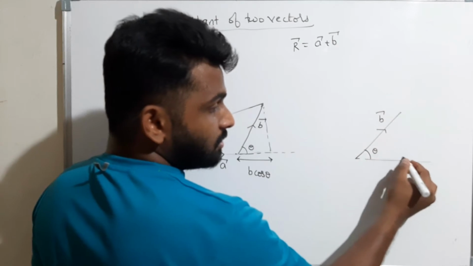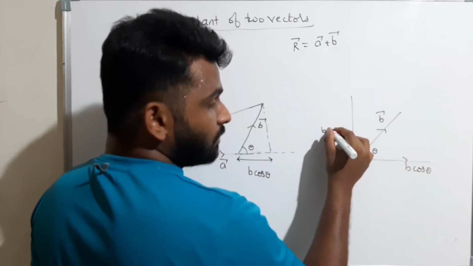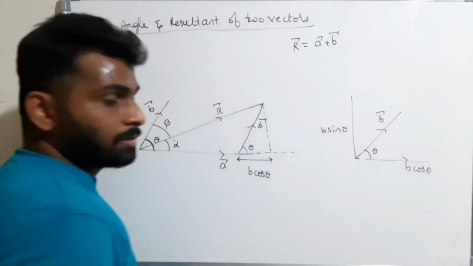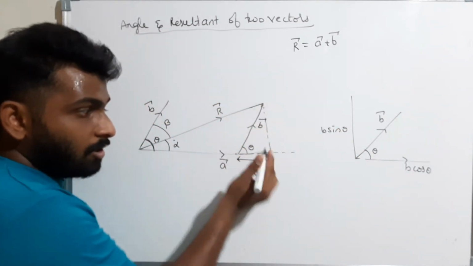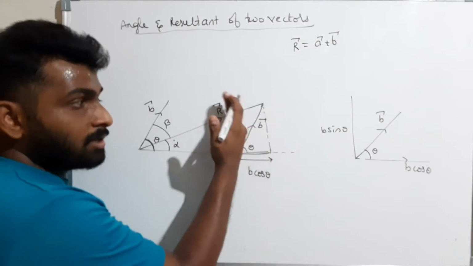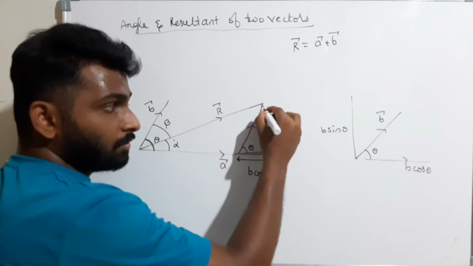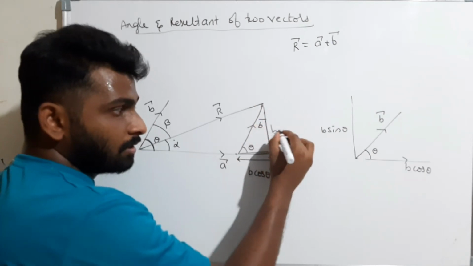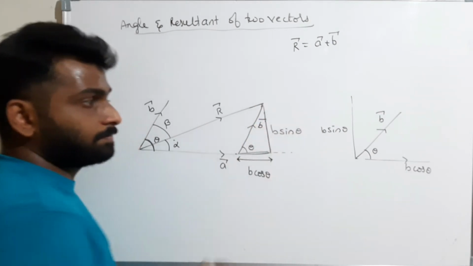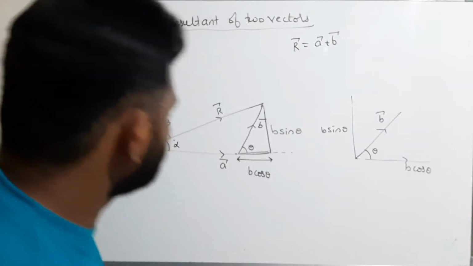Along the angle side it is b cos theta, and along the other side it is b sin theta. Therefore this length is b sin theta. I think it's clear.